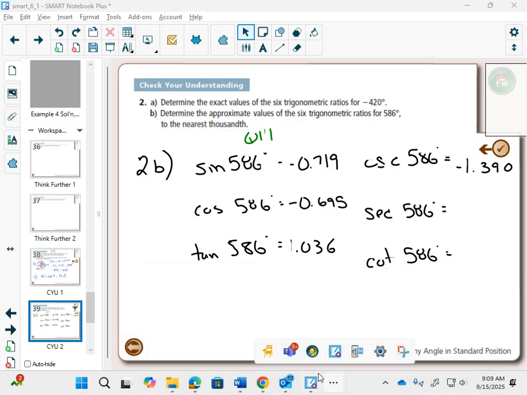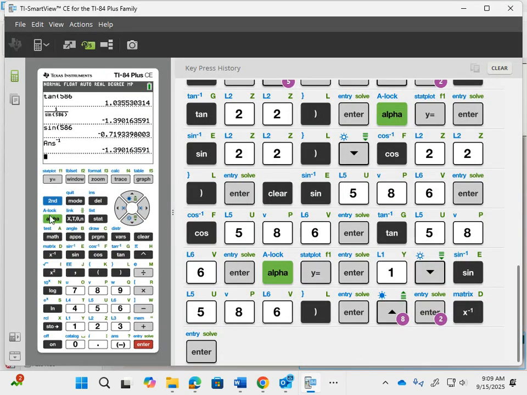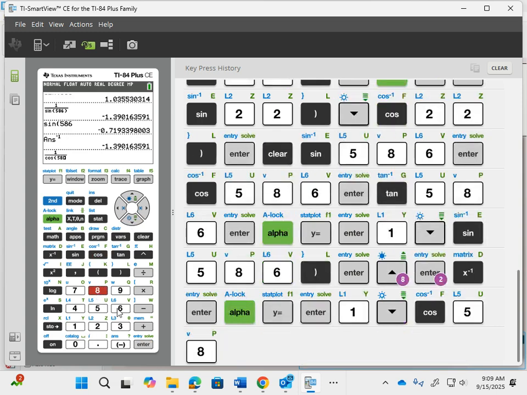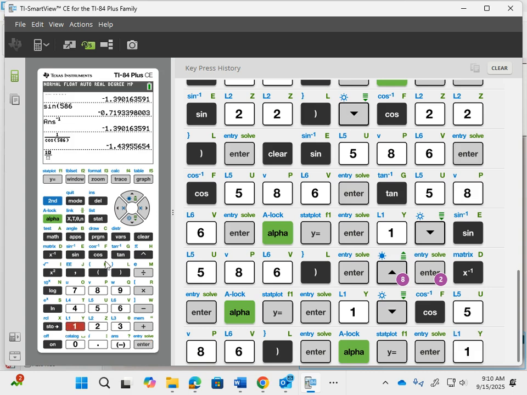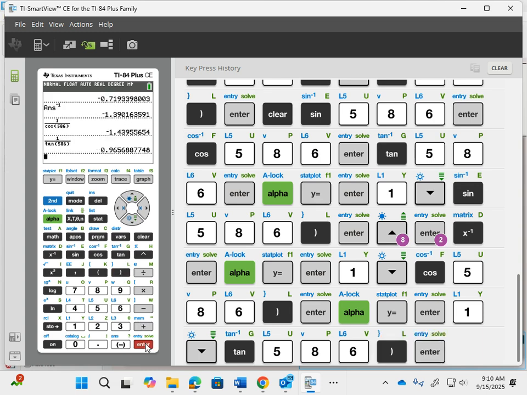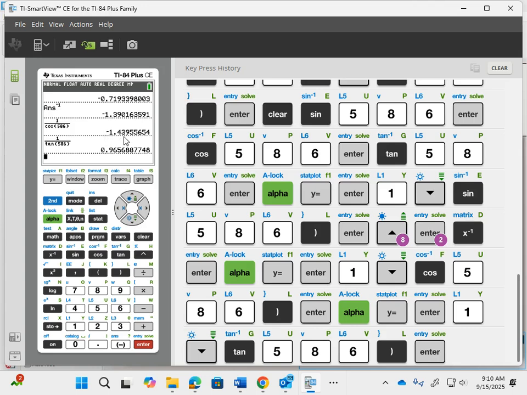So going back to my calculator, if I did 1 over cos of 586 and 1 over tan of 586. Negative 1 point. Look at the rounding on the cos one.